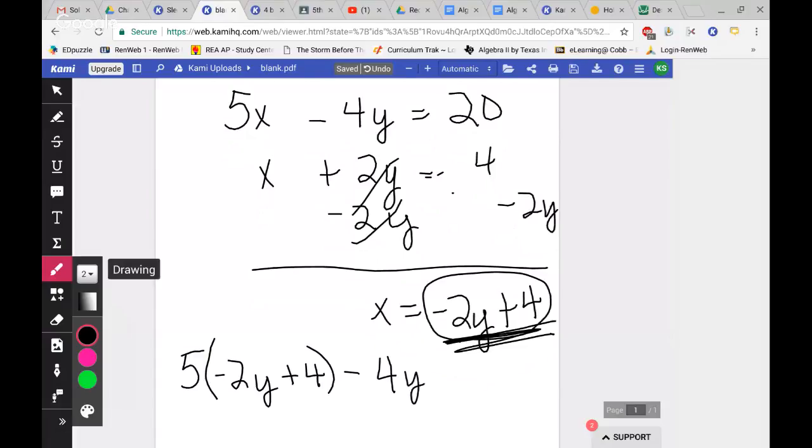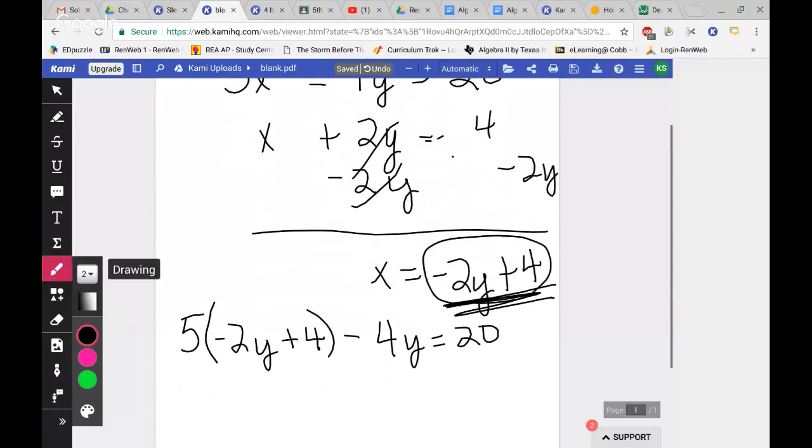And the reason why I want to do that is because I can't solve an equation with two variables in it. I can only solve an equation with one variable to get one value. So now the only variable that's in this equation, I've got a y here and a y here. That's something I can work with. It's going to take me a minute because I have to do some distribution and some combining of terms, but that's the reason why you're substituting, to get it down to one variable.